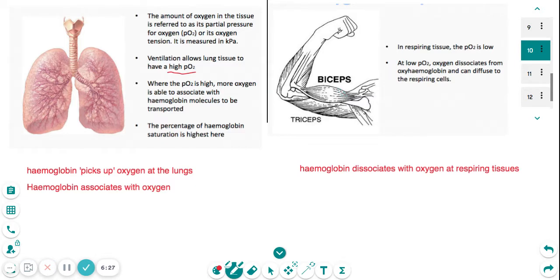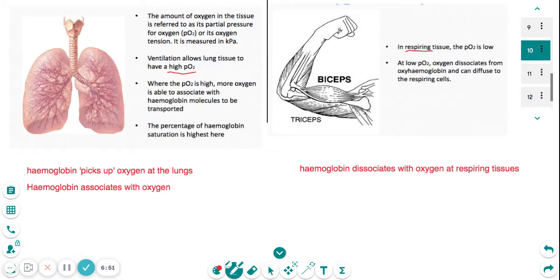These always have a low partial pressure of oxygen because as soon as oxygen arrives, it's needed for respiration. Oxygen plus glucose produces CO2 and water. So this region is always low in oxygen, and the lung region is always high in oxygen.